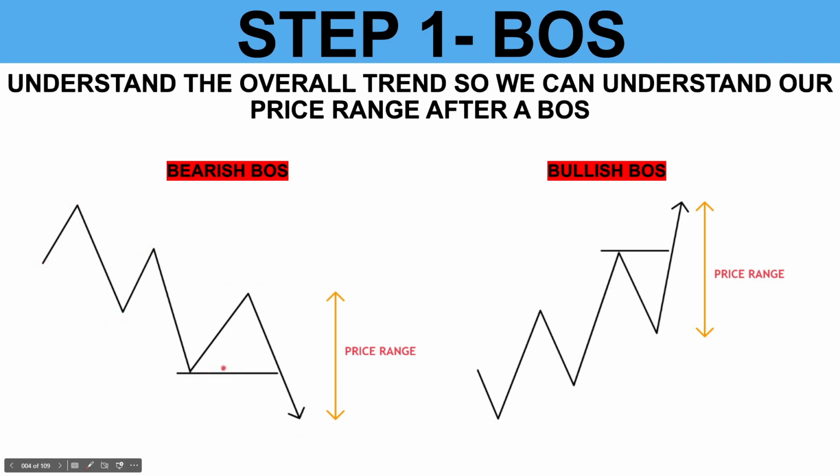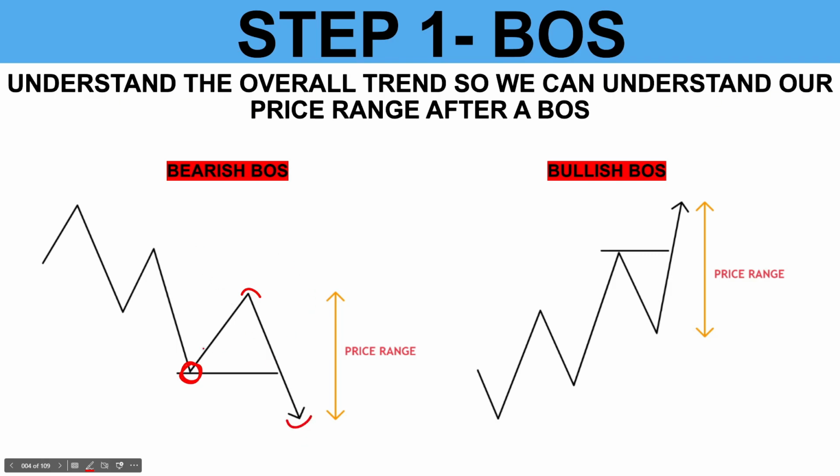So we understand the overall trend. So we need to find a price range after break of structure, and the most recent break of structure we have is this break of structure right over here. Therefore, the price range we are dealing with is between this high and this low over here.